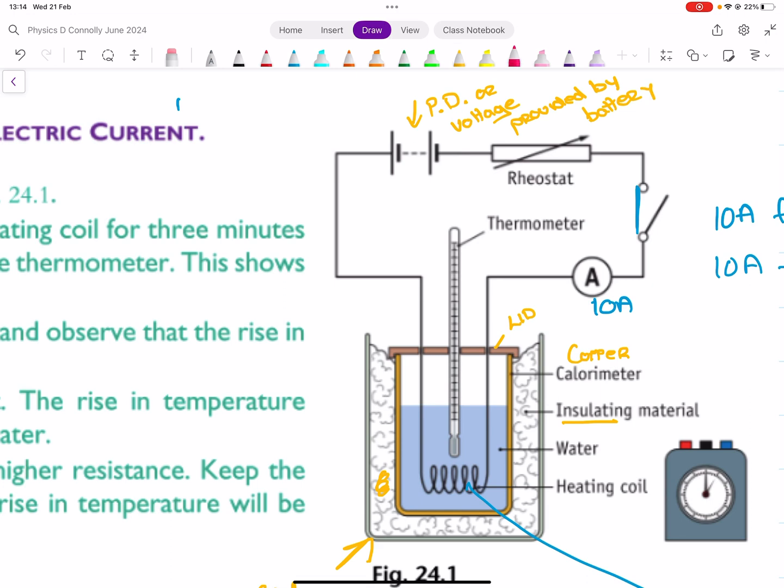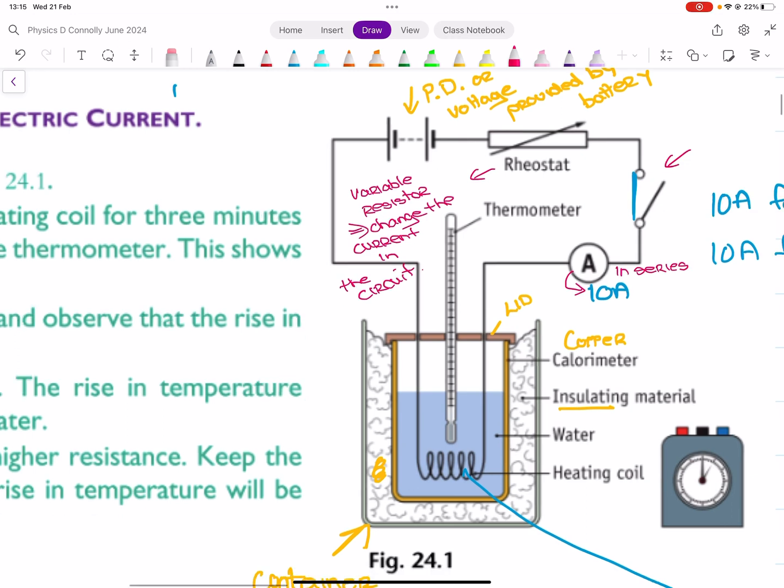A rheostat, we did talk about a rheostat as a variable resistor, and you normally use a variable resistor to change the current in the circuit. We have our switch over here, and then we have an ammeter, which is connected in series, which is where an ammeter needs to be connected, and I am suggesting that ammeter is reading 10 amps. And down here, very clearly, a timer.